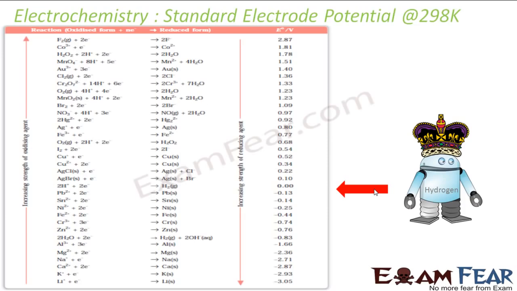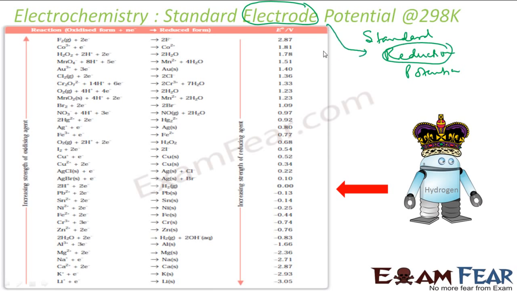Correct? So if you see, the standard electrode potential at 298 K is given for most of the reactions, and please note the standard electrode potential is nothing but standard reduction potential. Electrode potential is nothing but reduction potential as per IUPAC.